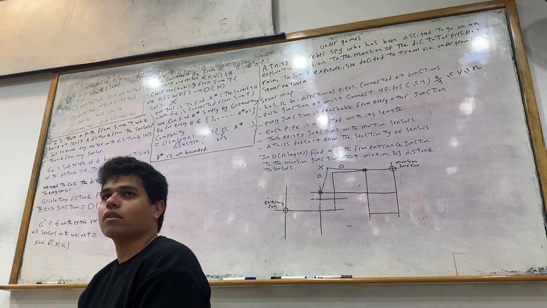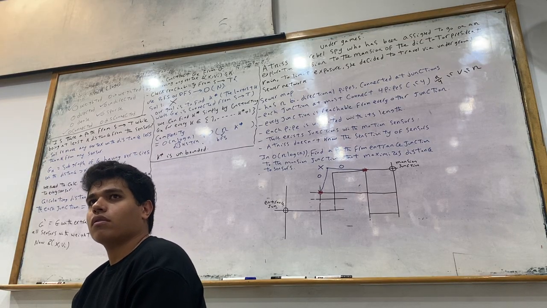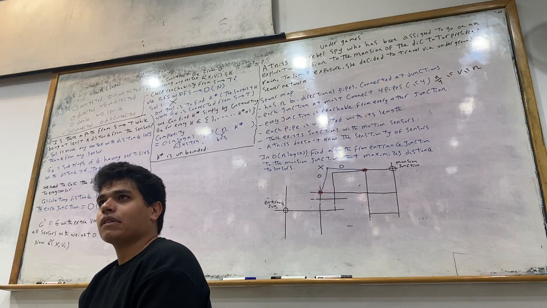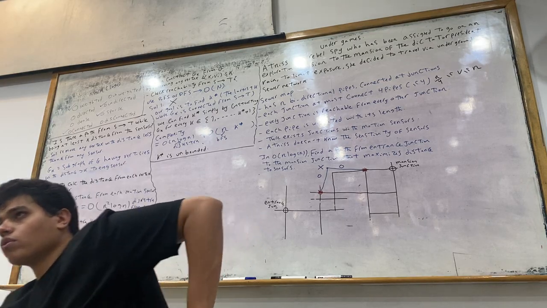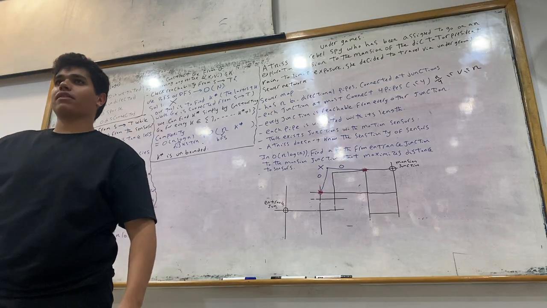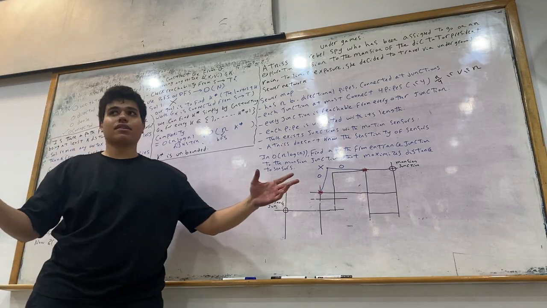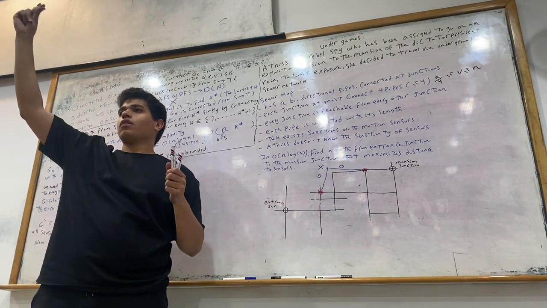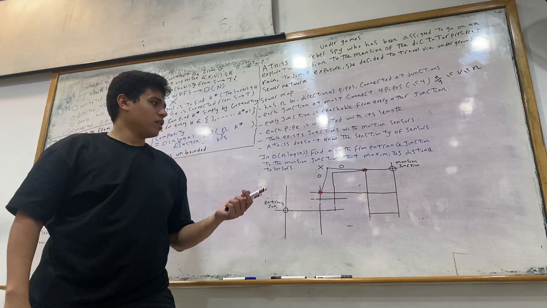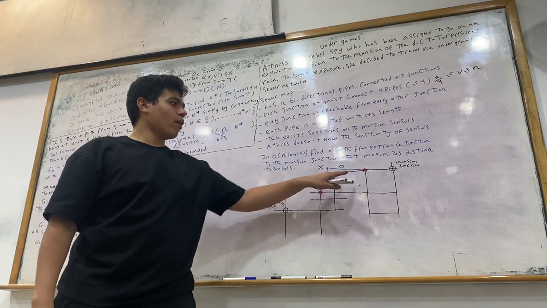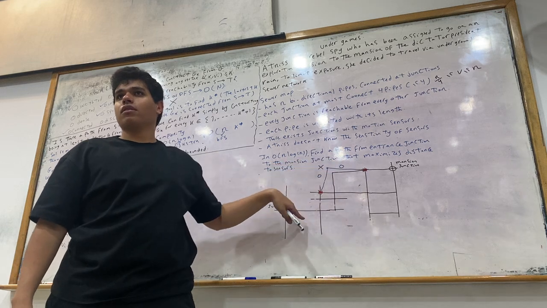We need to find the largest feasible value, right? What is the largest feasible distance? Guys, focus with me. It's the distance from a motion sensor to the furthest point.